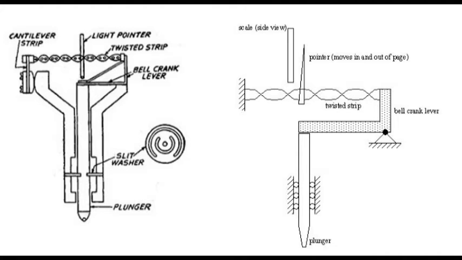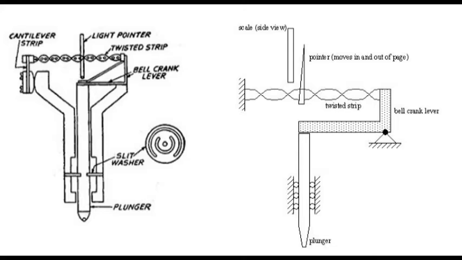This instrument was first devised by C.E. Johansson, and hence the name; the instrument carries his name. It uses a twisted strip to convert small linear movement of a plunger into a large circular movement of a pointer.